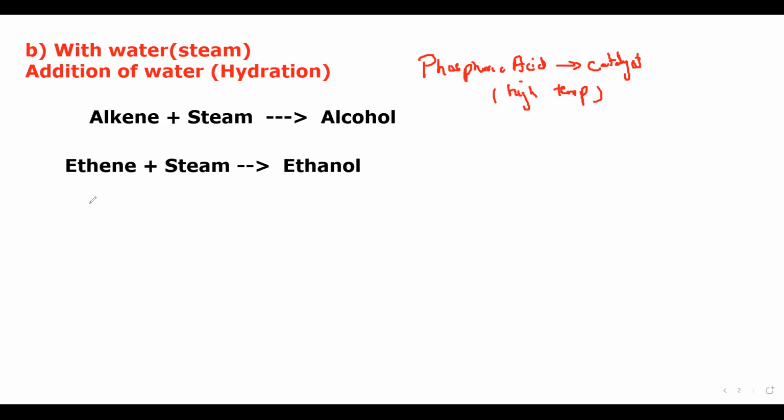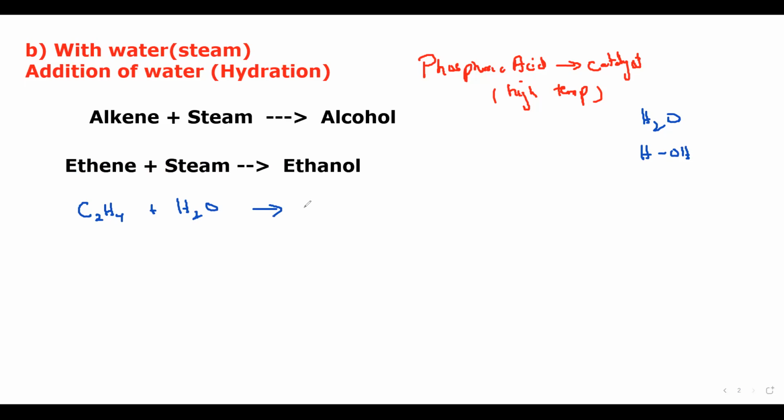In terms of the equation, ethene means C2H4, and water means H2O, which can also be written as HOH. So when H is added, H2O can be H and OH.